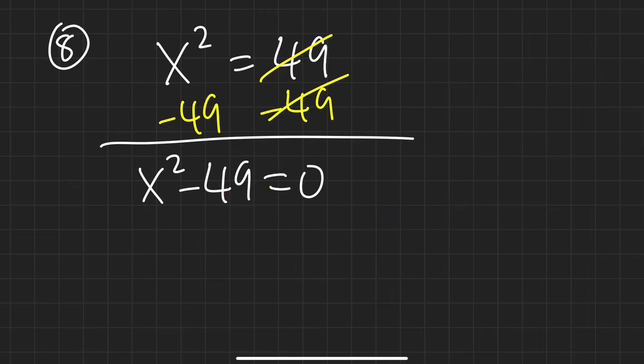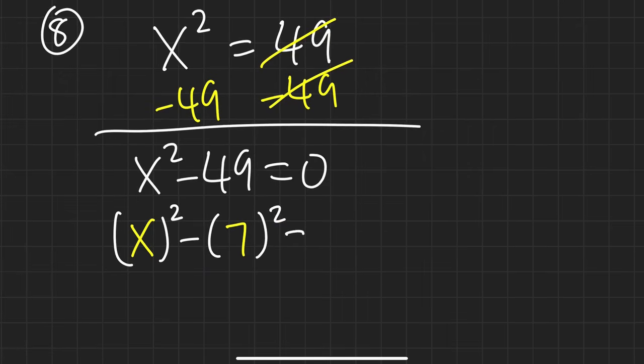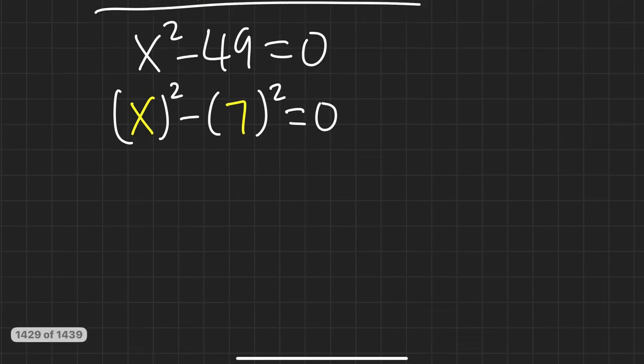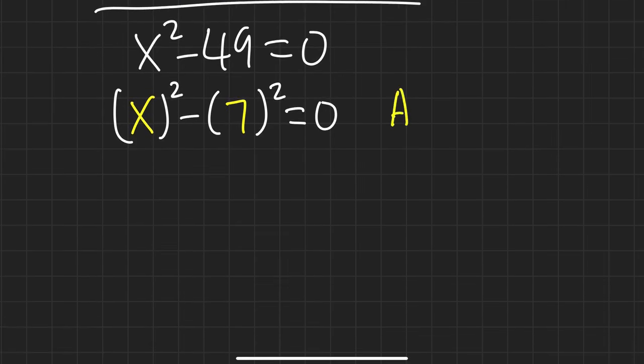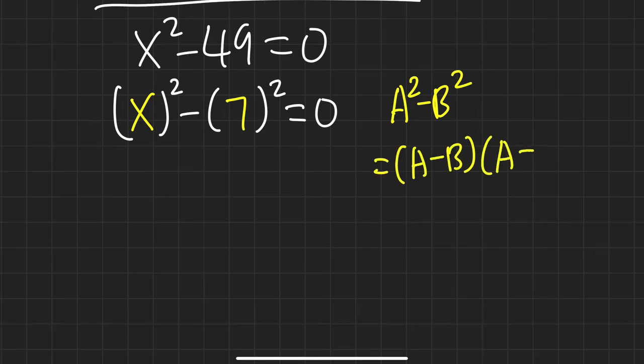Well, x squared minus 49 is actually a difference of 2 squares. This is x squared minus the 49, which is the same as 7 squared. And then we can use the formula to factor the difference of 2 squares, which says a squared minus b squared is equal to a minus b times a plus b.